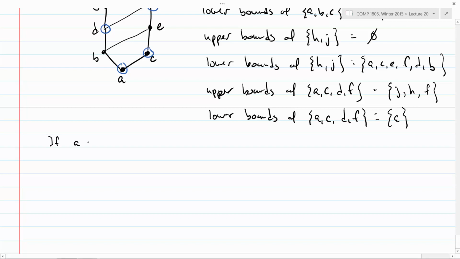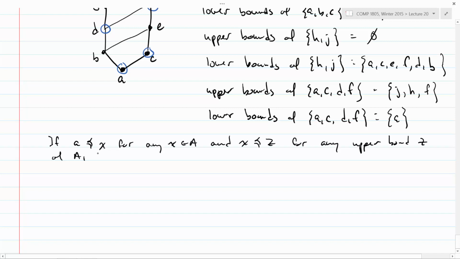So if A is less than or equal to X for any X in A, and X is less than or equal to Z for any upper bound Z of A, then A is the least upper bound of A.